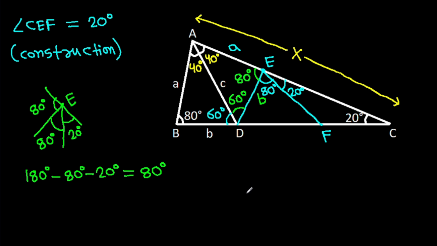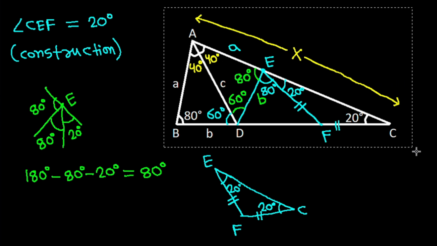And also in triangle CEF, these two angles are equal, that is 20 degrees. That means CF will be equal to EF.